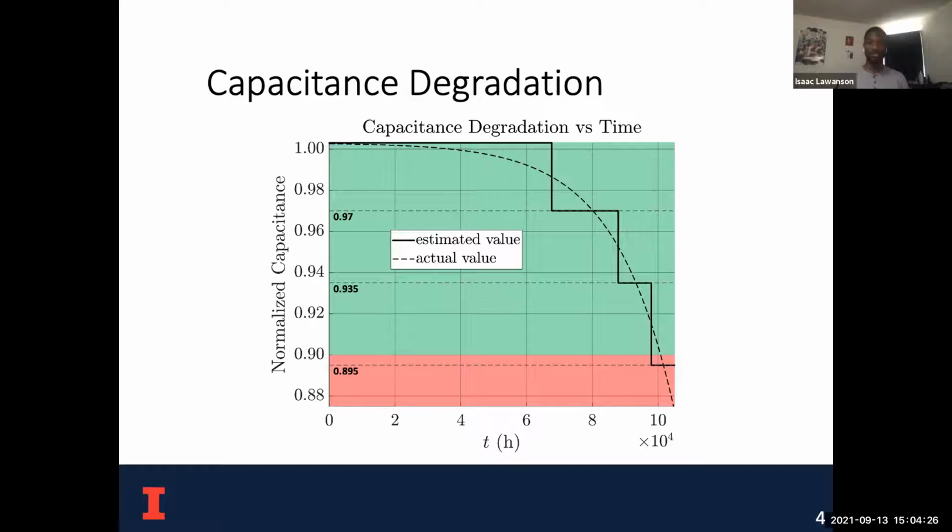This first stage is the longest stage of its life, where the capacitor drops from one normalized capacitance to about 0.97, and then the next stage from 0.97 to 0.935, and it's a little bit shorter in length, and then from 0.935 to 0.895, before the last stage where we consider it to be failed when the normalized capacitance is less than 90%. And this affects all the different architectures that I showed earlier.